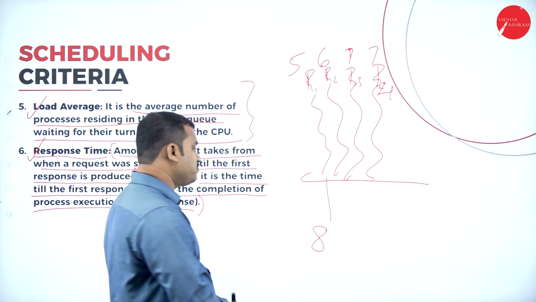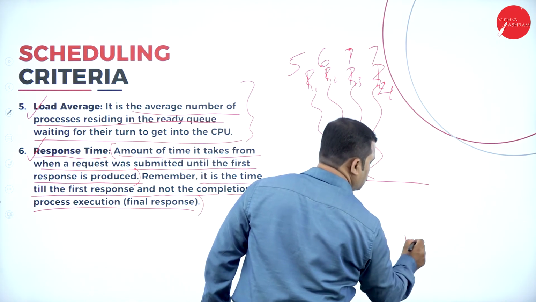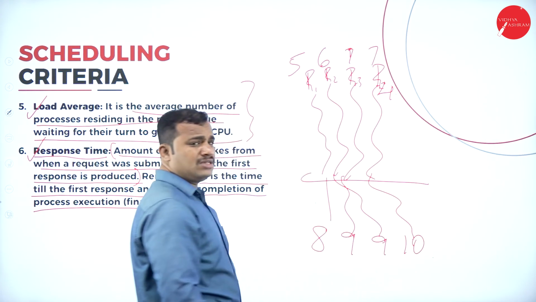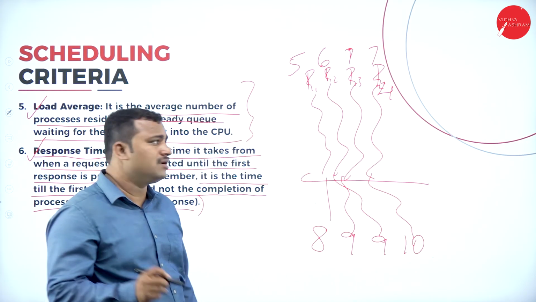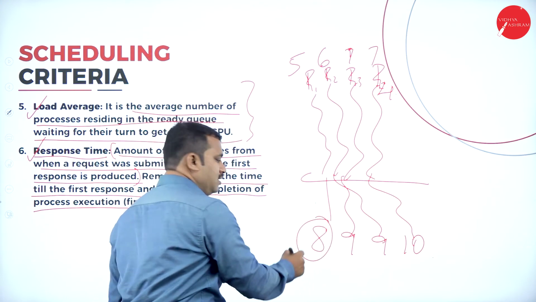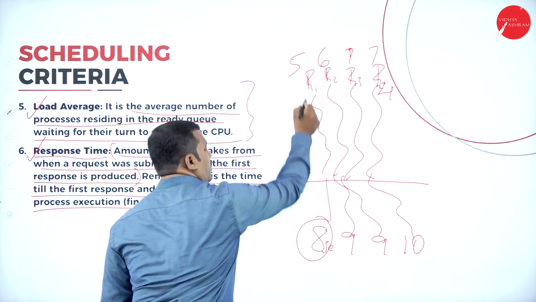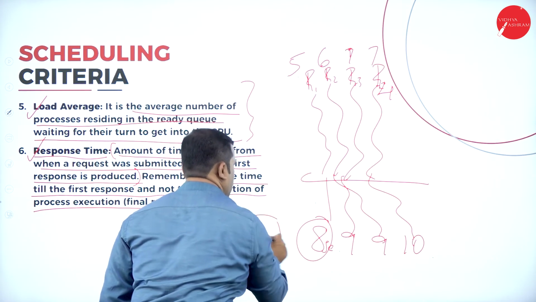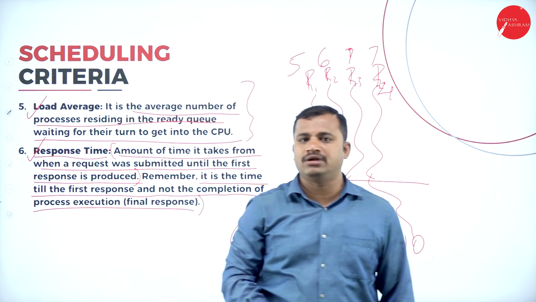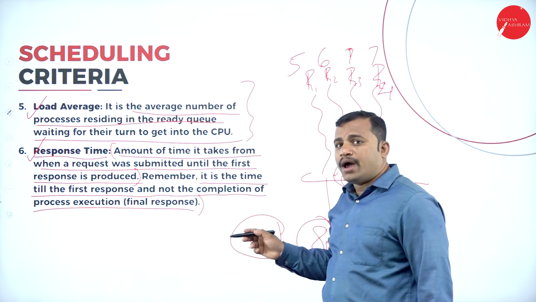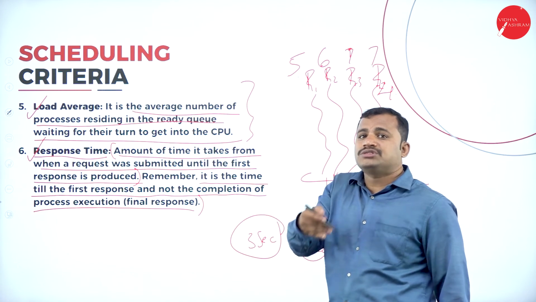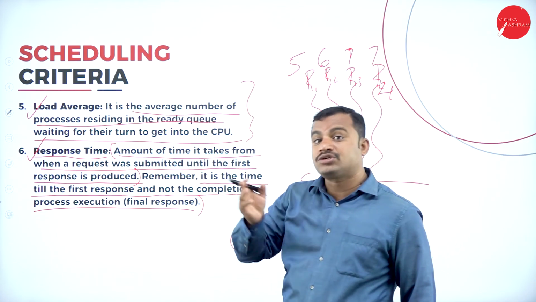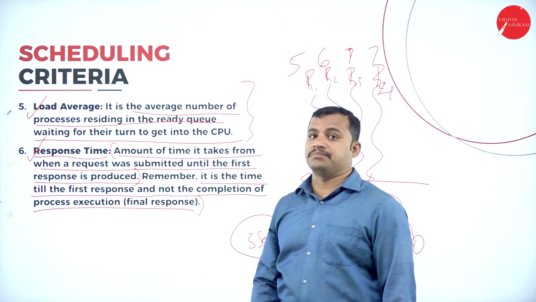The second response at the 9th, 10th. So what is the response time here? The first response was produced at the 8th second. So from 5 to 8, that is 8 minus 5, the response time is 3 seconds. This is how we calculate the time taken to produce a response. The first response to the request of users is called the response time.